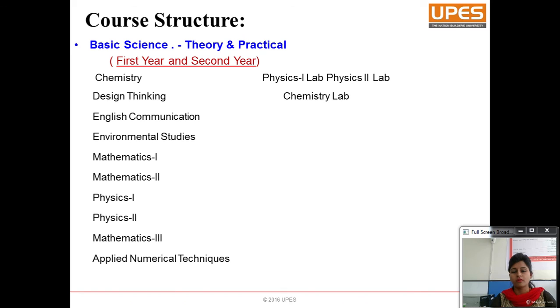Mathematics is required for forming the equations of mechanical systems. Physics is required for studying heat transfer and force analysis for mechanical engineering systems. Chemistry is required, for example, in a biogas plant, where we do pyrolysis. So chemical equations are required for performing the pyrolysis operation. Apart from this, we have design thinking, English communication skills, and their respective labs too.